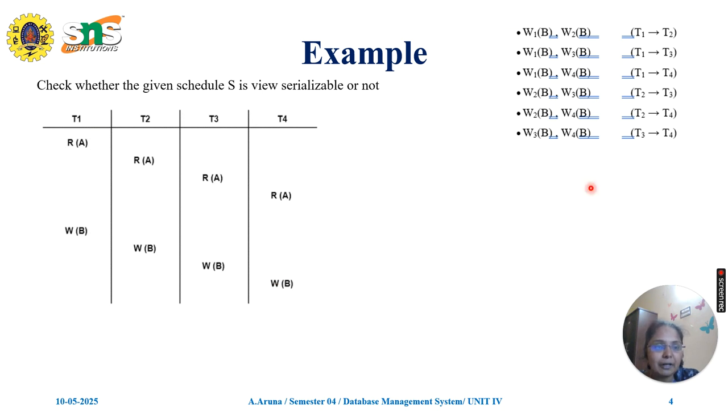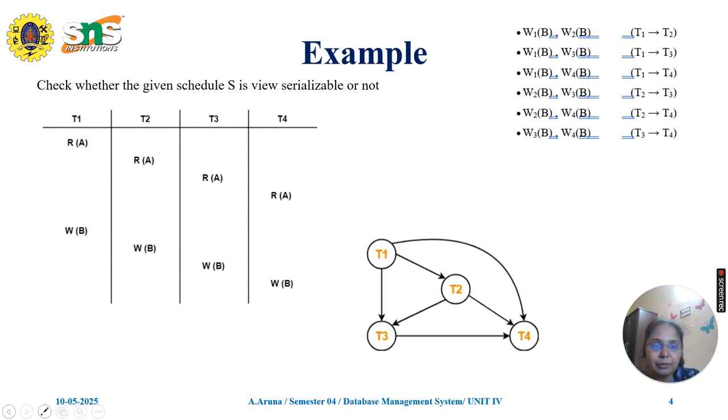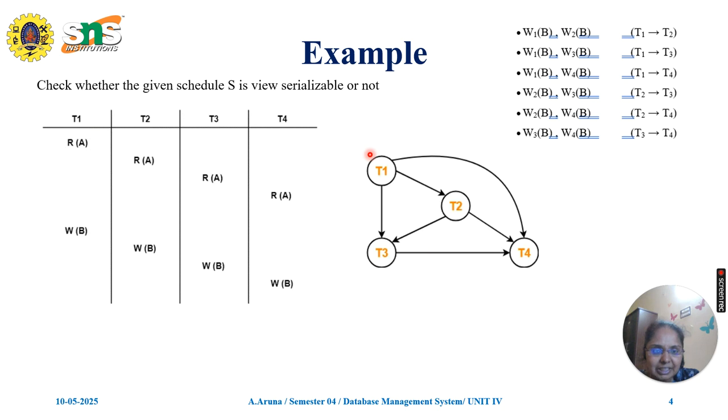For this schedule, we draw a precedence graph. I have the 4 transactions: T1 to T2, T1 to T3, T1 to T4, T2 to T3, T2 to T4, T3 to T4. T4 to T4 doesn't have one, so we leave it as it is.